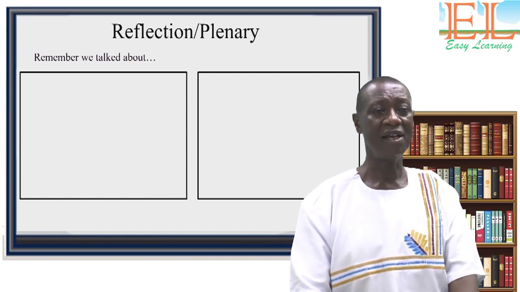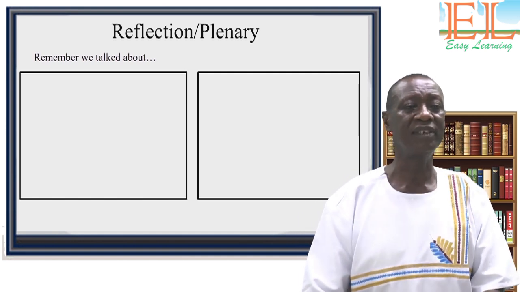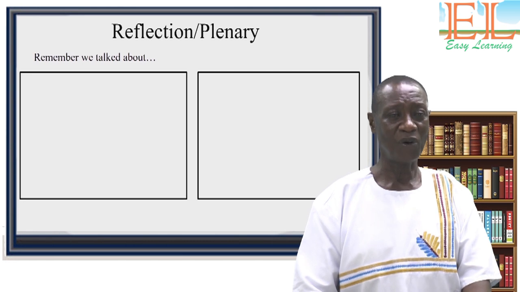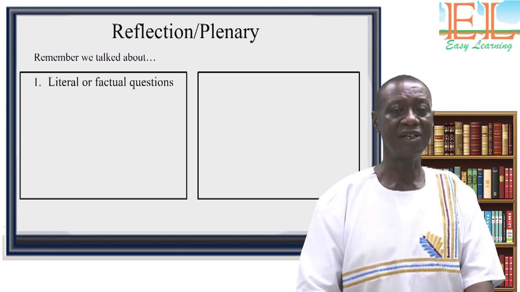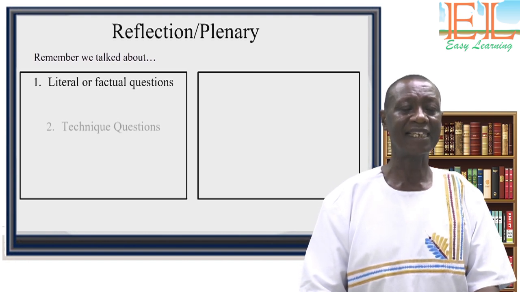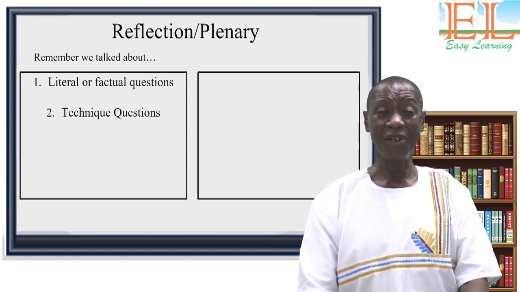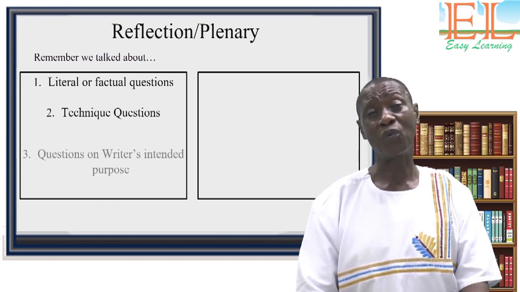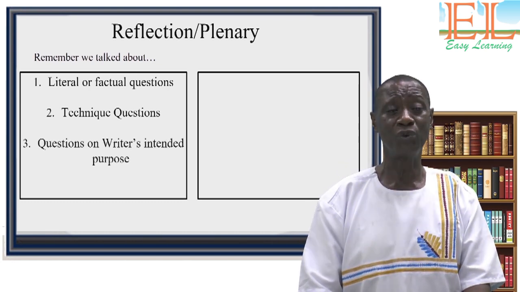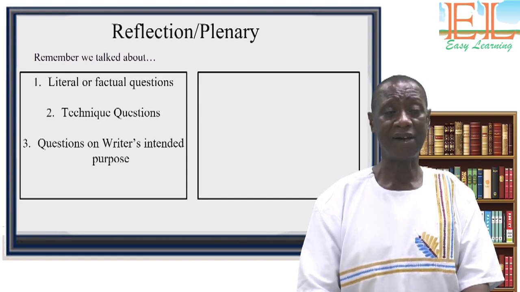Remember that today we talk about literal or factual questions, answers easily obtained from the passage. We talk about technique questions. We also talk about the writer's intended purpose. What is it that he wants to do? What is he trying to put across?